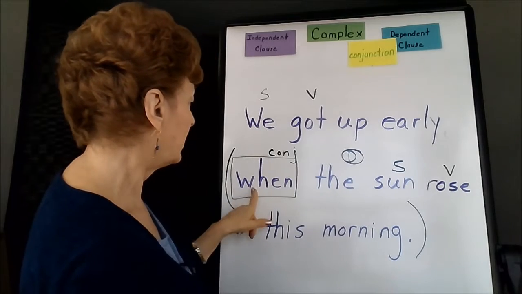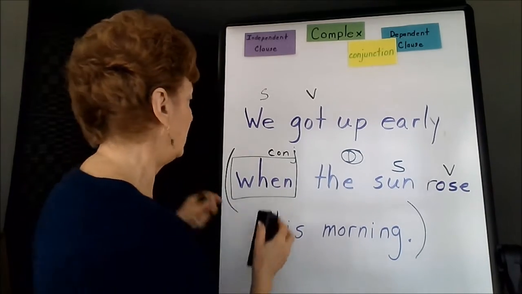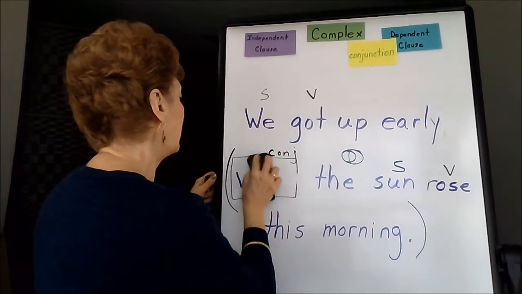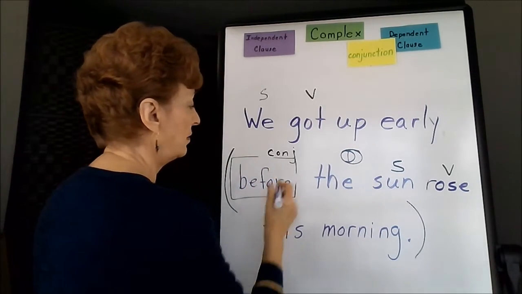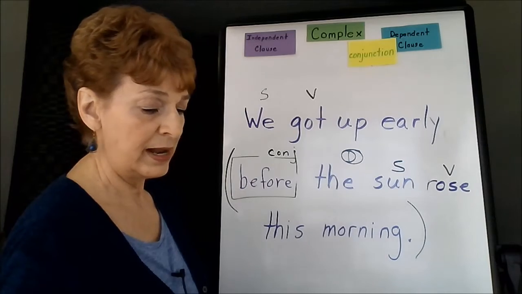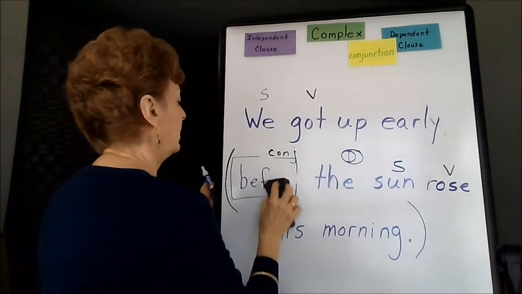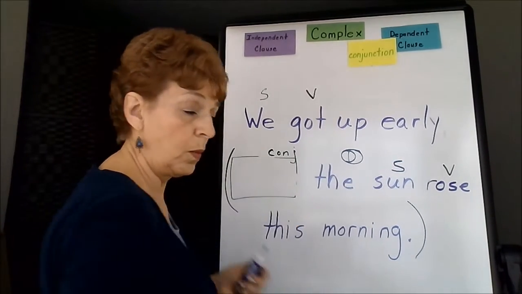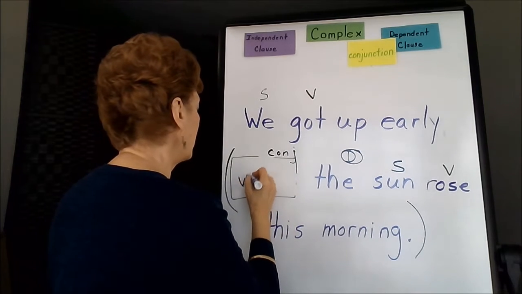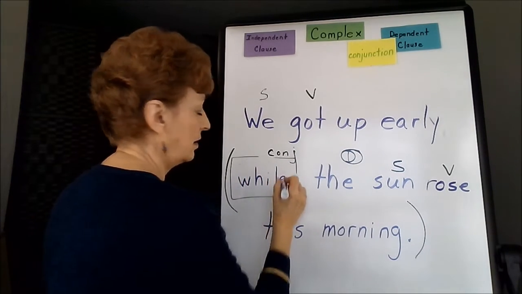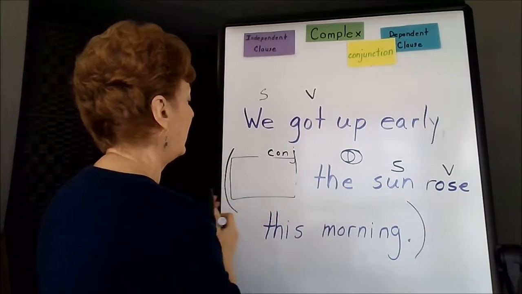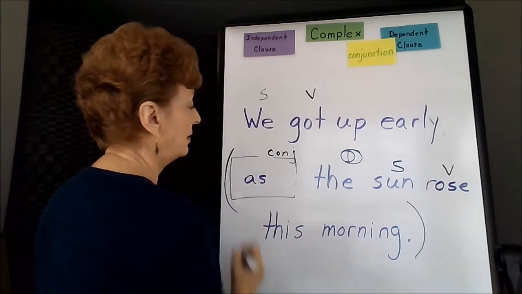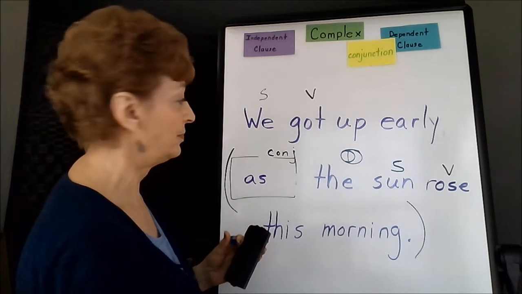What other conjunctions could you use in this? We got up early. How about before the sun rose this morning? We got up early while the sun rose this morning. How about we got up early as the sun rose this morning?